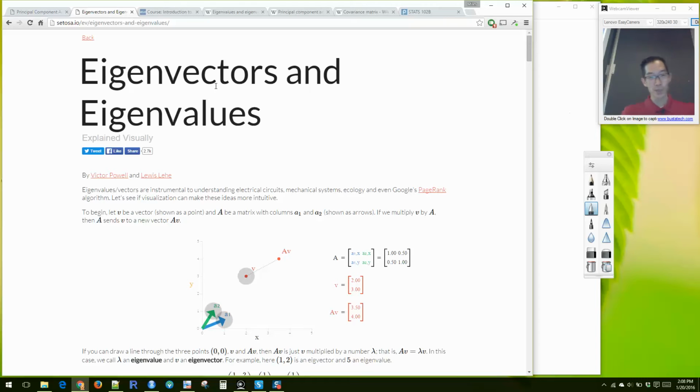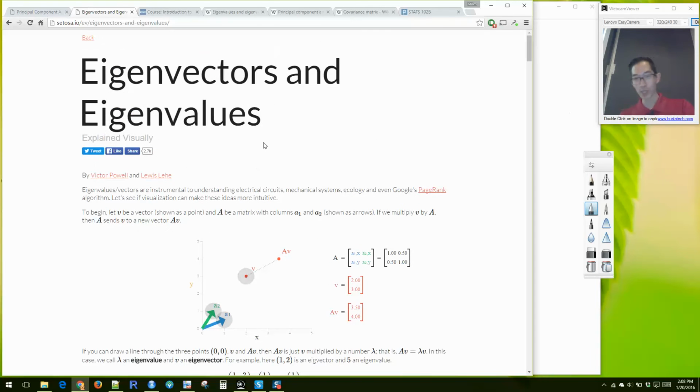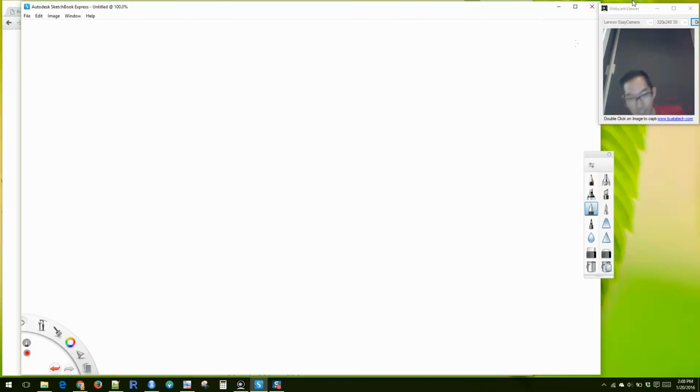What we always see presented is Ax equals lambda x, and it's like, well, this doesn't seem very useful. Then they say this is a vector, and this is a matrix, and this is a scalar, right? And this is the eigenvalue.